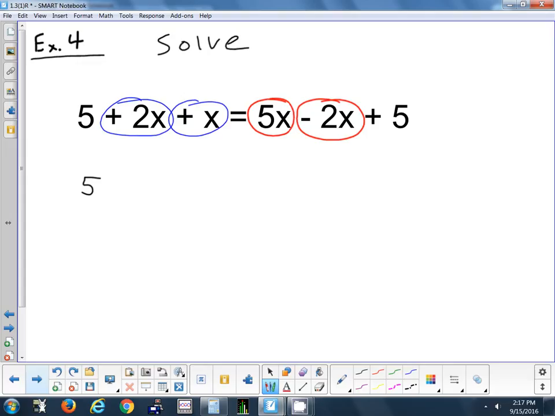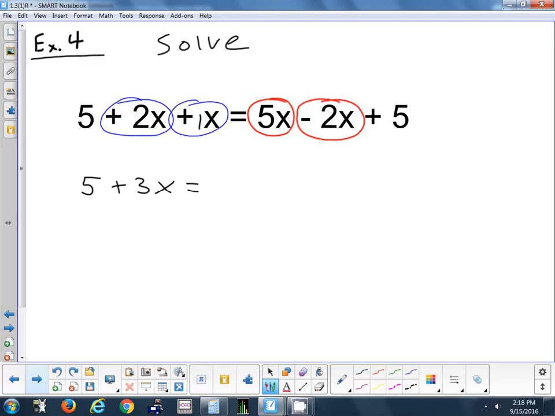Sai, how about 2x plus x? Well, remember, what number is in front of x here that's invisible? So you have 2x plus 1x. 3x, okay.